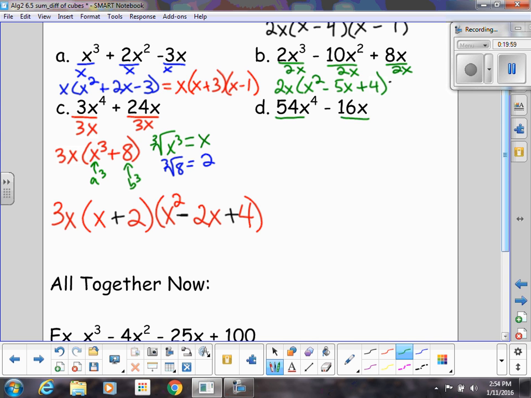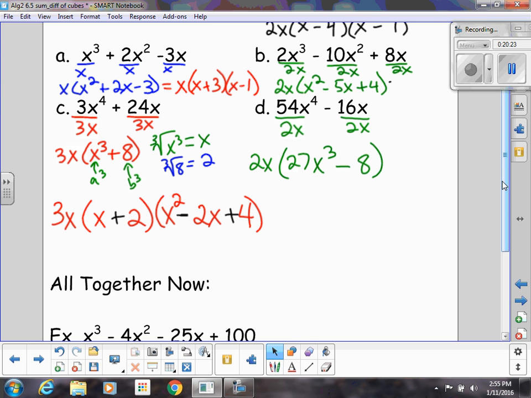No, not 4. Okay, let's see. How about just 2? Yeah, it's just going to be 2. So I can only divide each of these by 2x, so that means I have 2x in front, and what that leaves me with is 27x cubed minus 8.